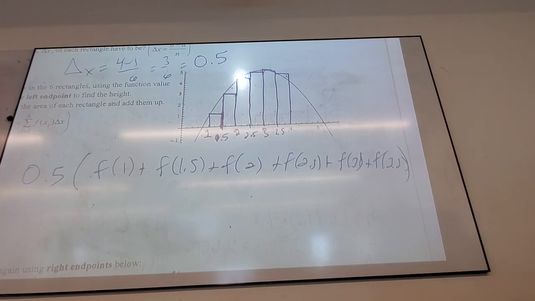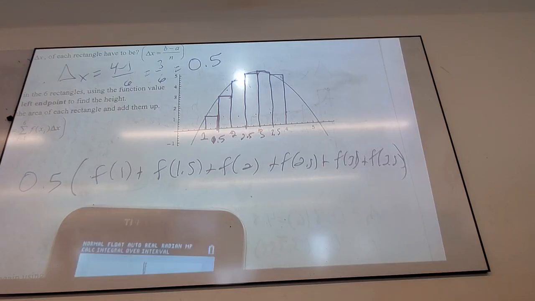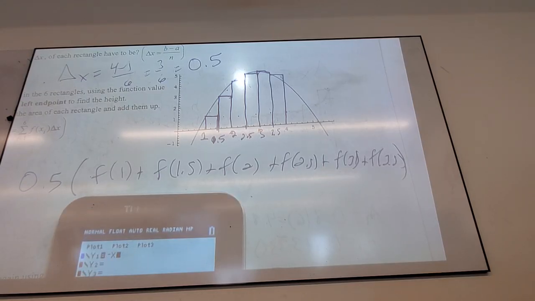Now, if you want to use the shortcut, it's completely fine. So if I put the function in here, where'd it go? There it is. Go to my table, delete, delete, delete, delete, delete, and then I can put in there 1, 1.5, 2, 2.5, 3, 3.5.